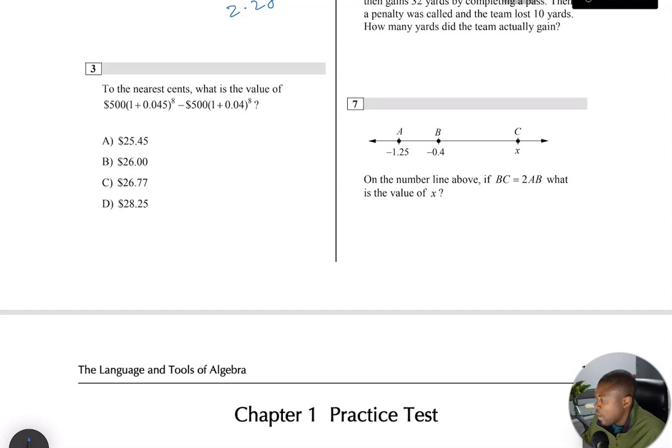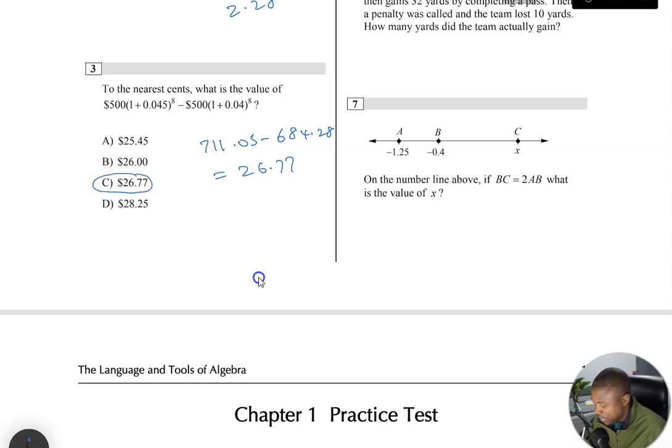Okay, so now I have 711.05 minus 684.28. And when I did my subtraction, what I have is 26.77, right? And this is the correct option. Okay. Let me move on to question number 4.